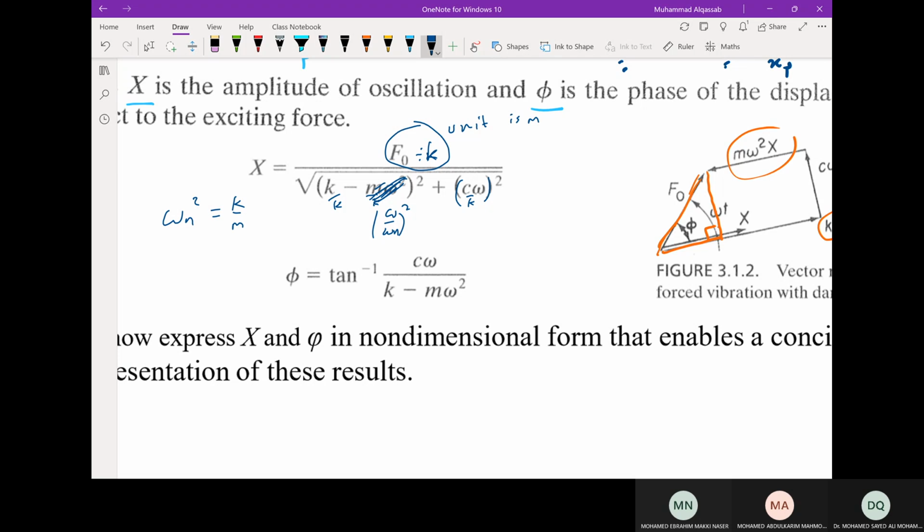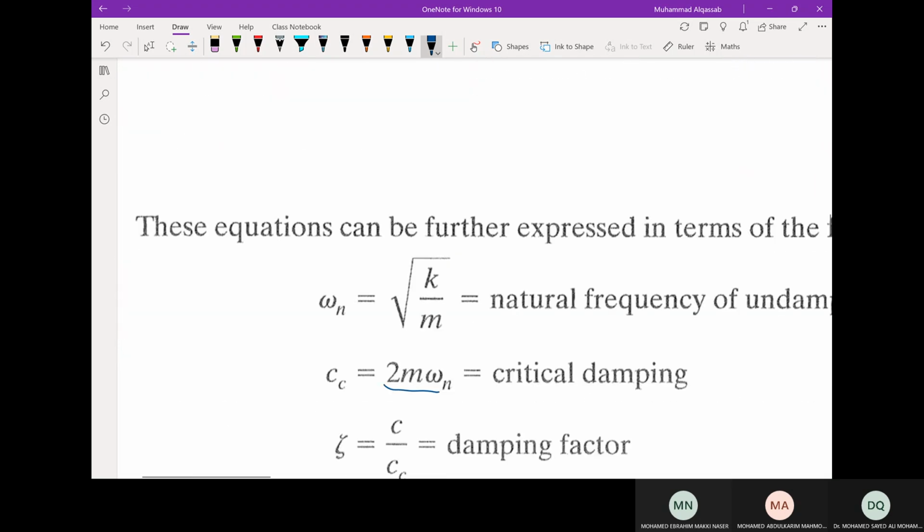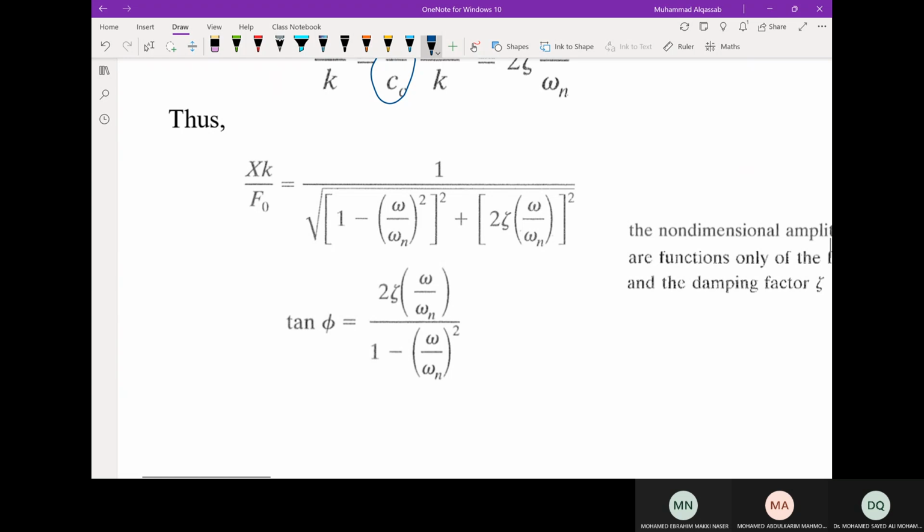So you can get the amplitude ratio when you divide by F naught over K. On the left hand side, we divided by F naught over K and we get Xk over F naught, and this is the amplitude ratio now. On the right hand side, we have 1 over square root of 1 minus omega over omega n squared, all squared, plus 2 zeta omega over omega n, squared.